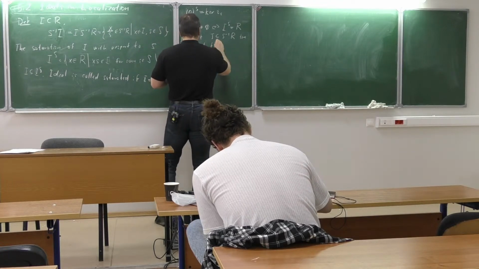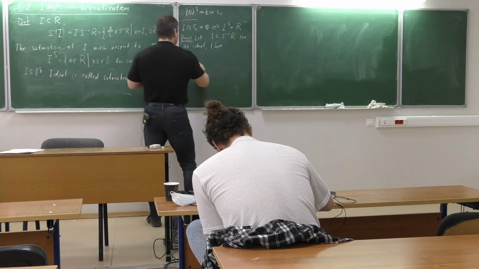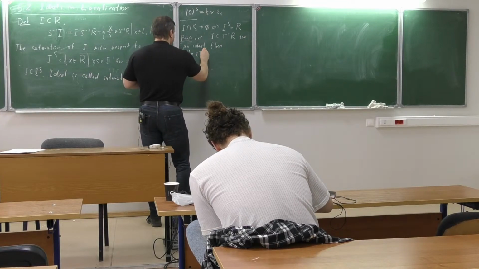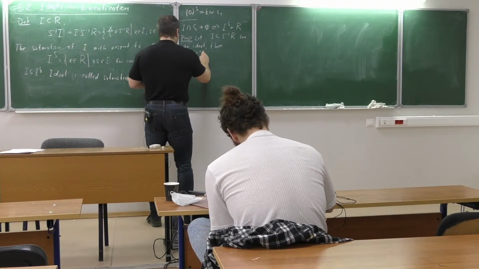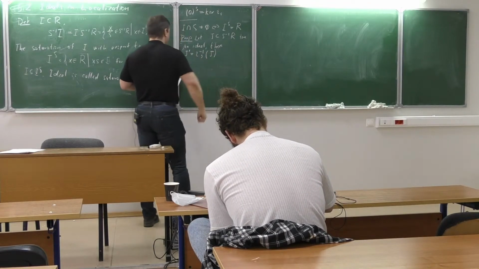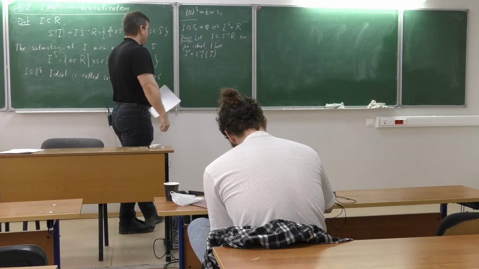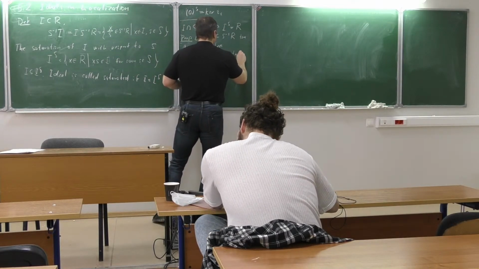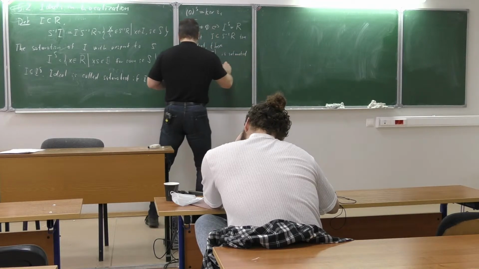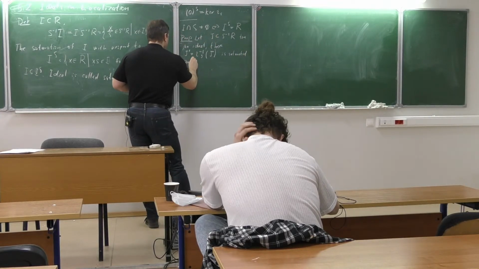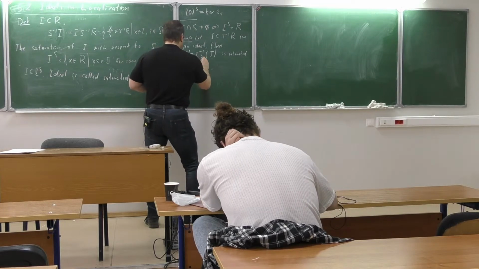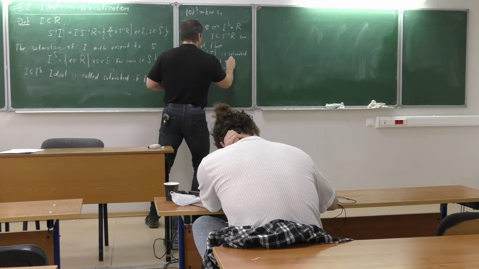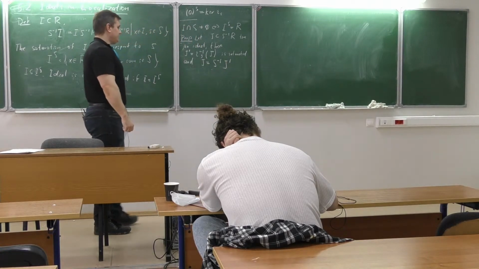Then J prime is defined as the full preimage under the map iota of the ideal J. So that's definitely an ideal in the ring R. This ideal is saturated. And we also have the following: J is equal to the localization of this ideal J prime.